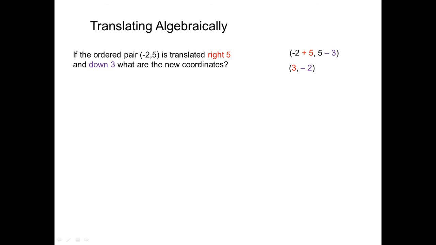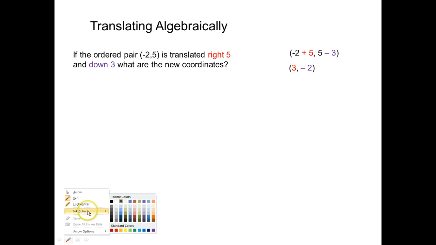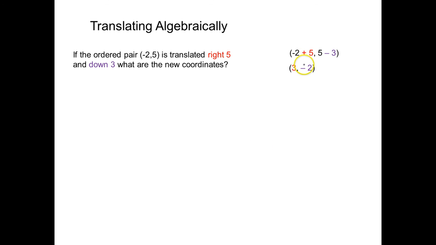Now you simply apply your integer rules, and negative 2 plus 5 is 3, and 5 minus 3 is 2. Not negative 2, that would be incorrect. So let me just change this. 5 minus 3 would make that a positive 2. Let's just get that purple ink, and change that to a positive 2.